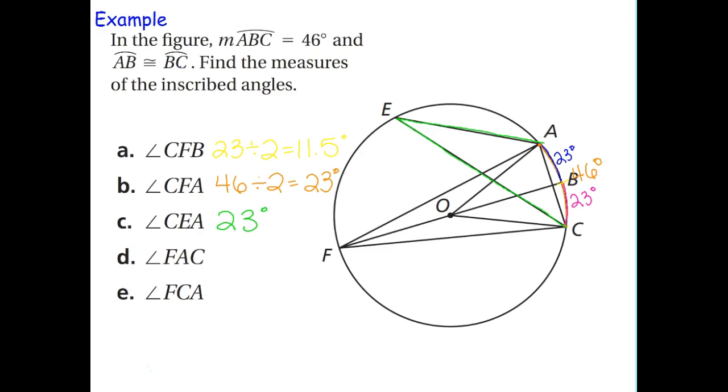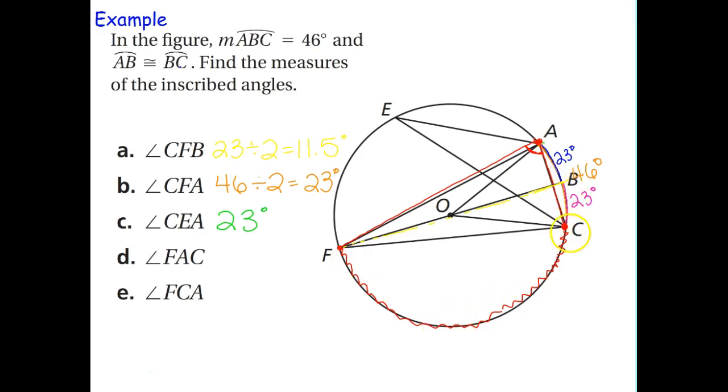All right, then the last one that we're going to look at is angle FAC, which starts at F, goes to A, and ends at C. So this is our angle right here. In order to figure that out, we need to know what the intercepted arc is, which is this arc right here. If we look at this, we can see that this part right here is a semicircle.